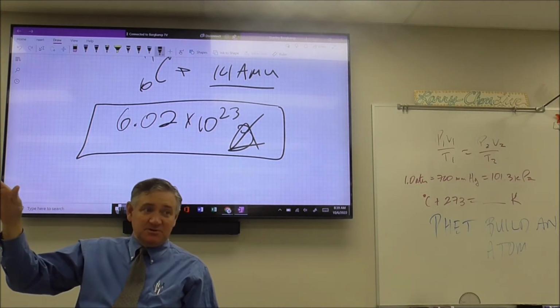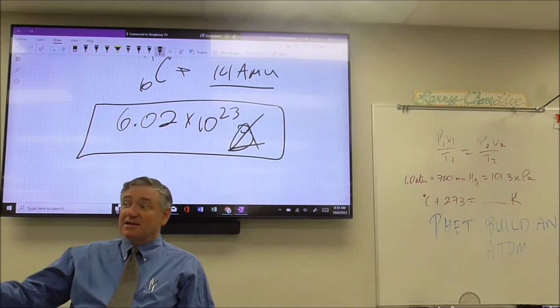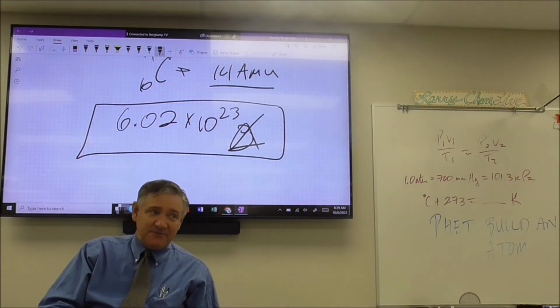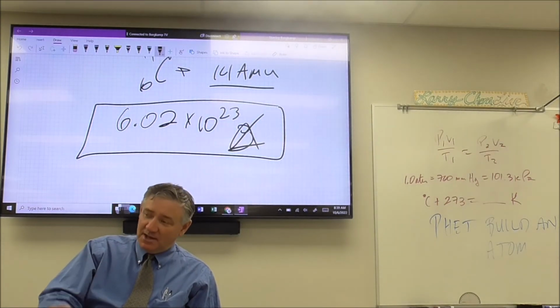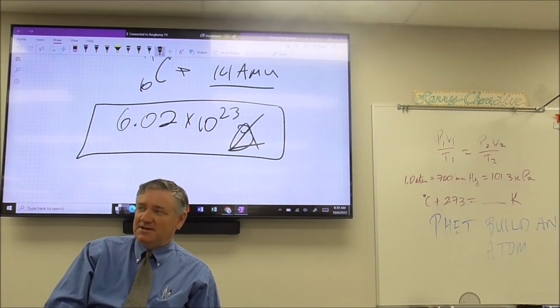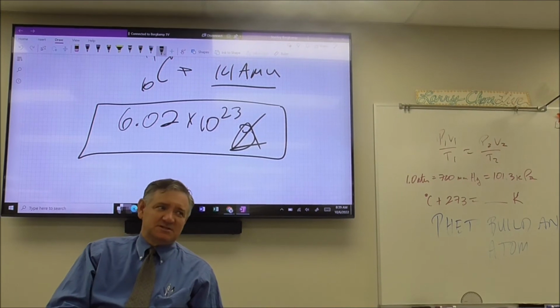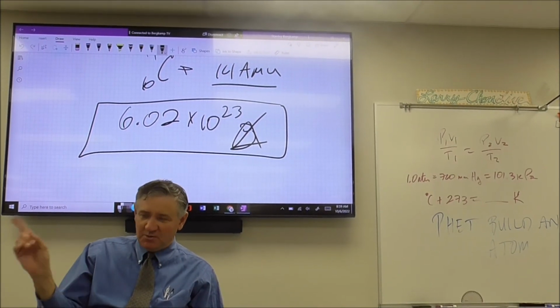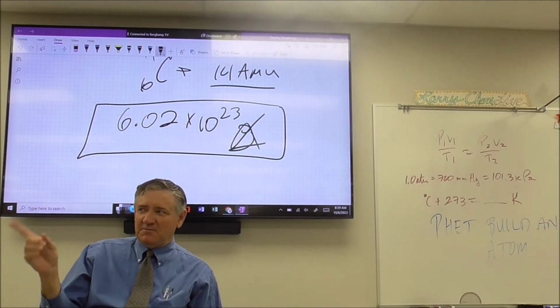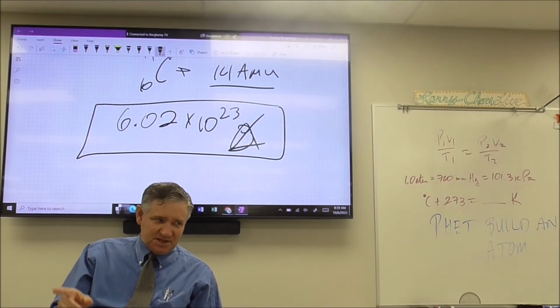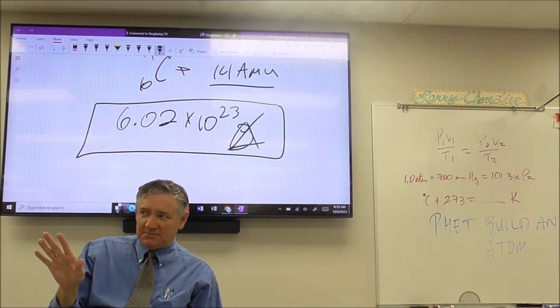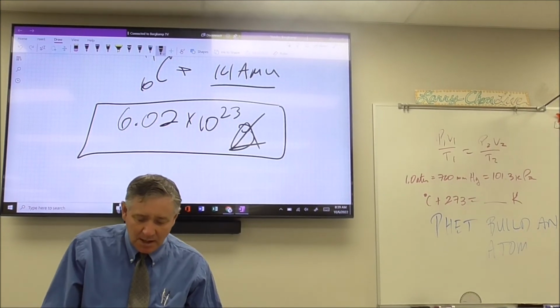You can use 6.02 times 10 to the 23rd atoms, 6.02 times 10 to the 23rd protons, but don't ever tell me that 1 mole is 6.02 times 10 to the 23rd grams. I am not going to have you go into that lab and measure out the mass of the moon and put it on a scale. It would be cool, don't get me wrong, but that's probably not what's going to happen.